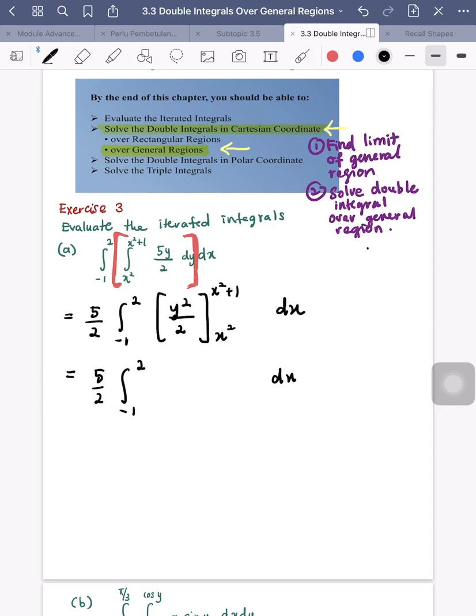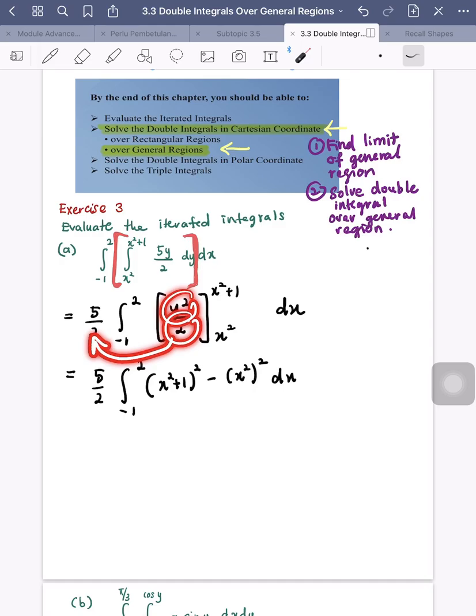Next, you put the value inside the y. So the upper limit is x squared plus 1, squared, minus x squared to the power of 2, and here we have over 2. Since it's a constant multiplied with a variable, I take it out as well, because it's just a constant that multiplies.